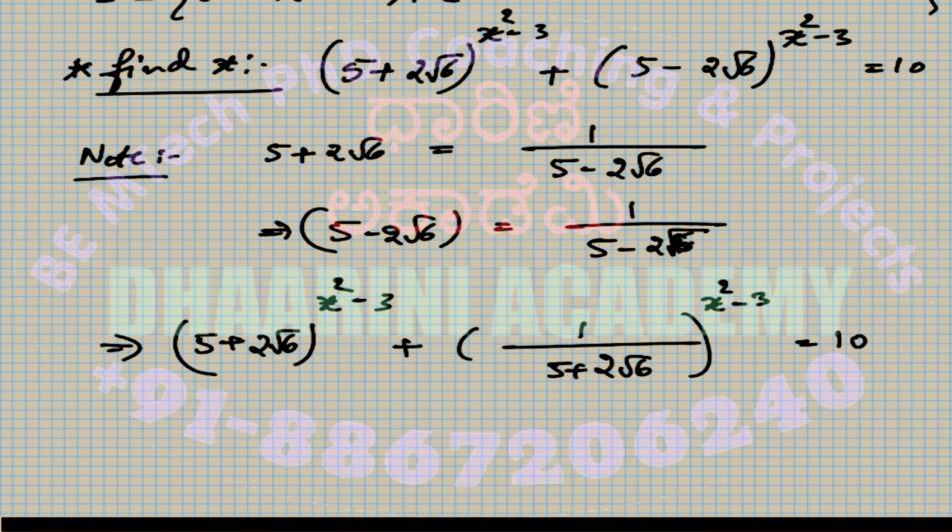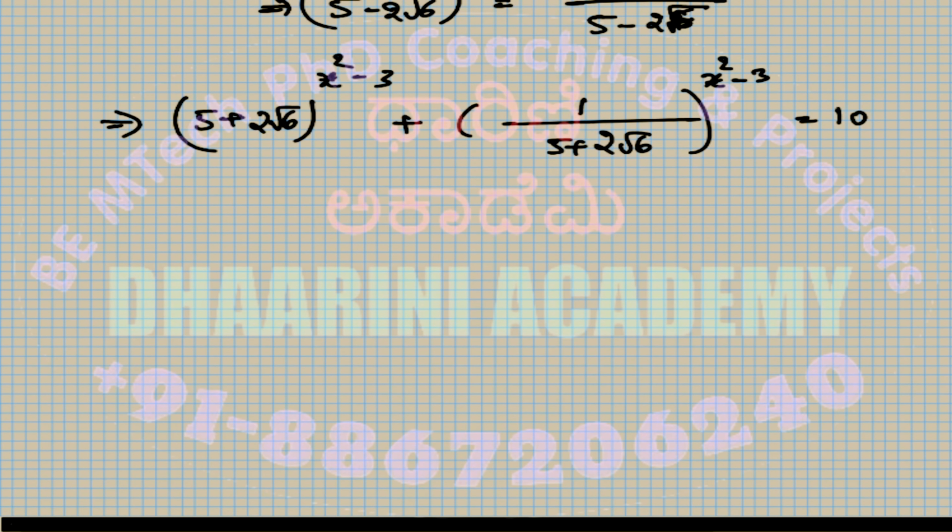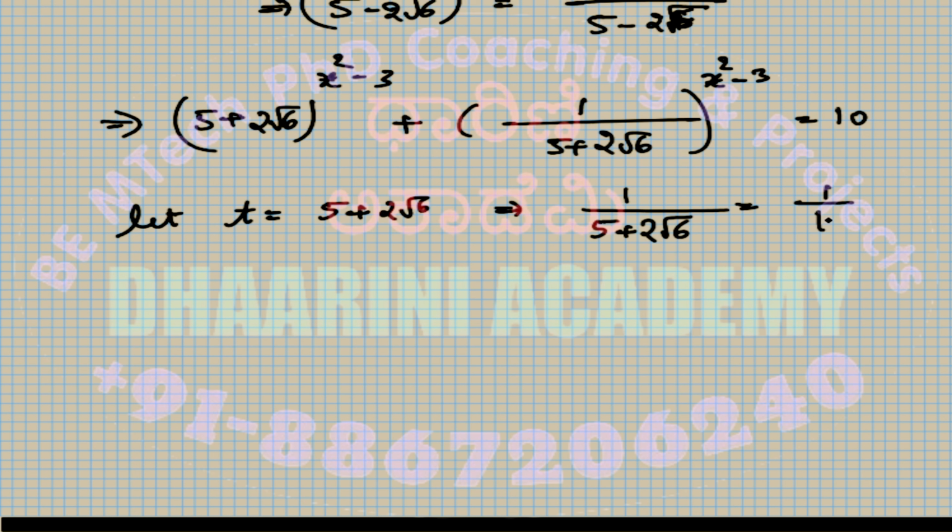Now let us make another assumption here. This helps us in solving the question in an easier way. Let t be equal to (5 plus 2 root 6) to the power x square minus 3.